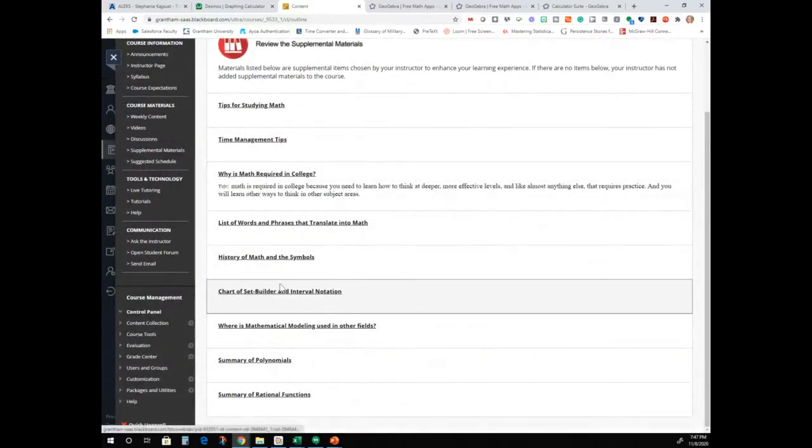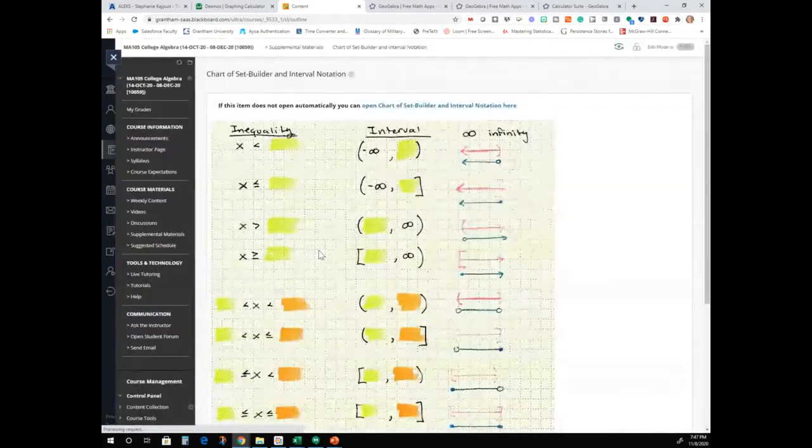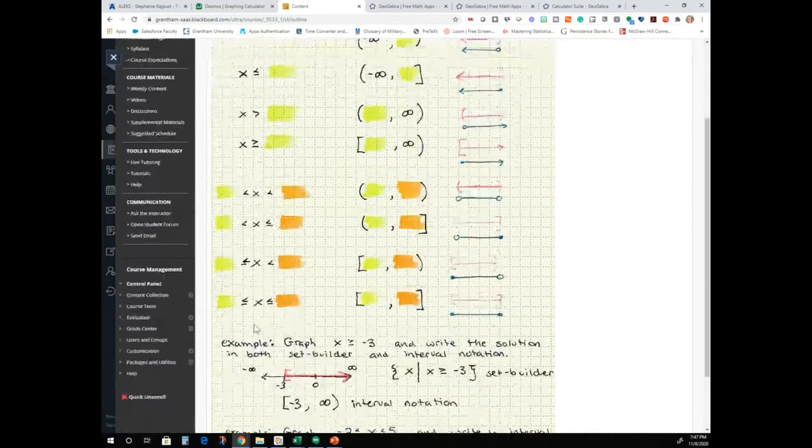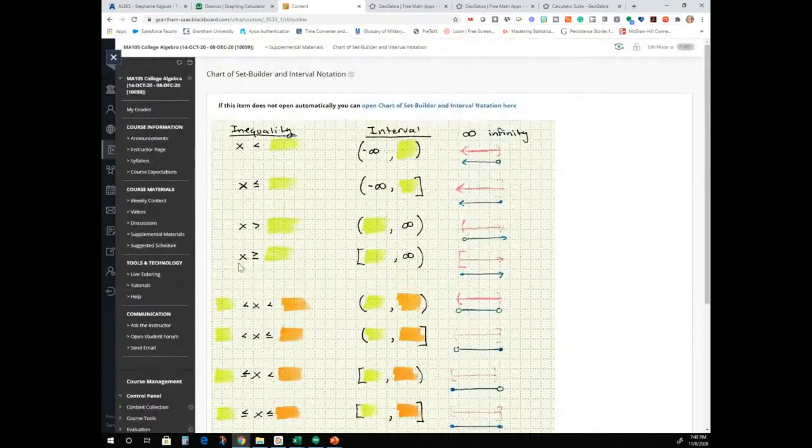Here, in the supplemental materials, I have this chart of set builder and interval notation. This shows you what your inequality looks like and then how you write it. If you follow this chart, we ended up with x greater than or equal to negative 11. So that's the yellow spot, and that has to go right here.